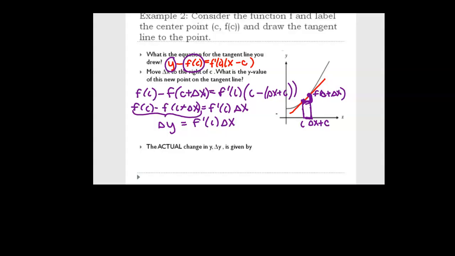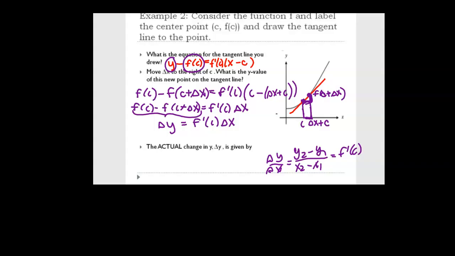If you move delta x over to the other side, delta y over delta x represents change in y over change in x, or y2 minus y1 over x2 minus x1, equaling f prime of c, because you know delta y, delta x, change in rise, change in run. So essentially this is kind of where slope came from.